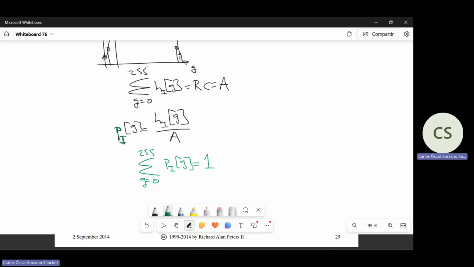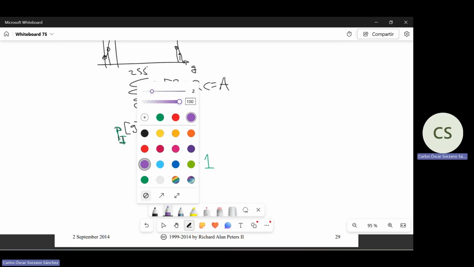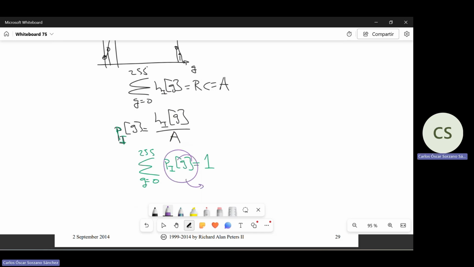This tells us that this is a probability density function. The integral of that, or the sum of that, for a PDF has to be 1.